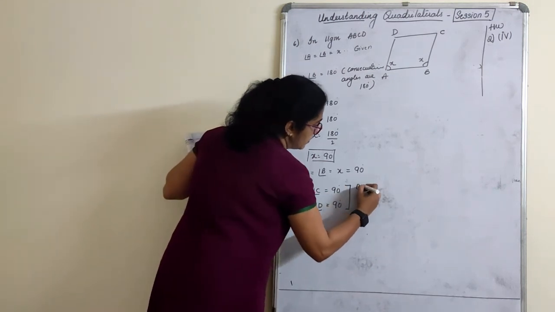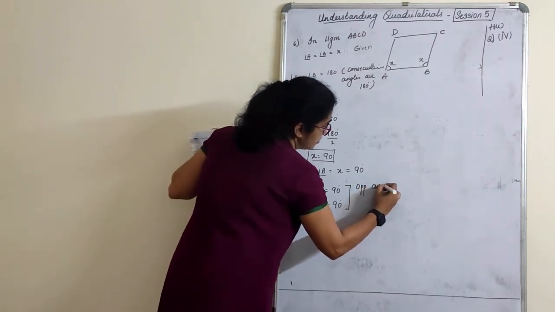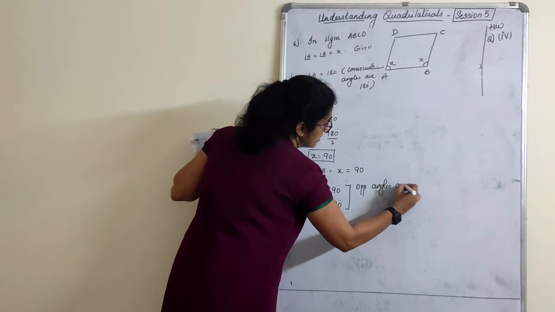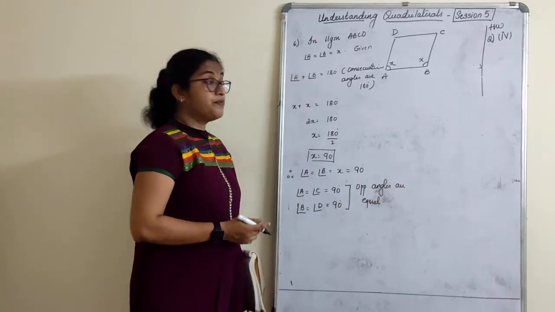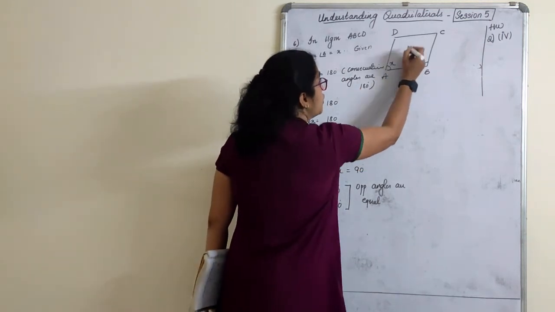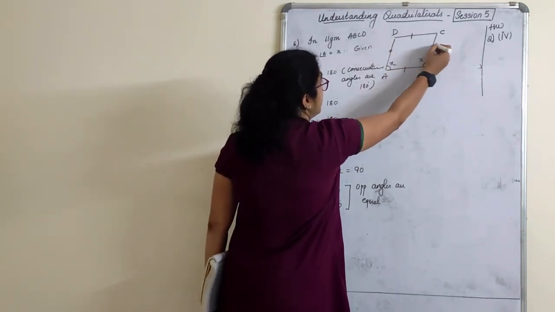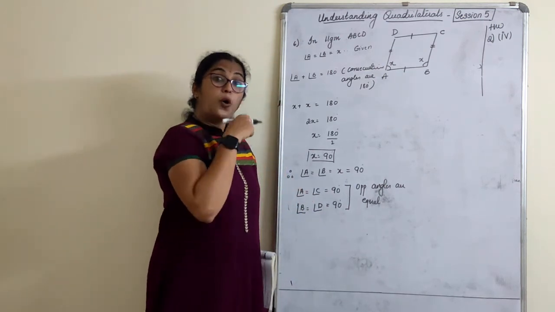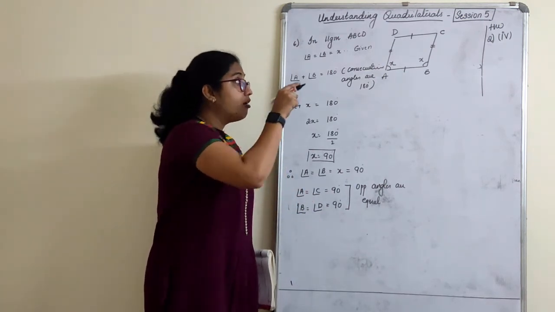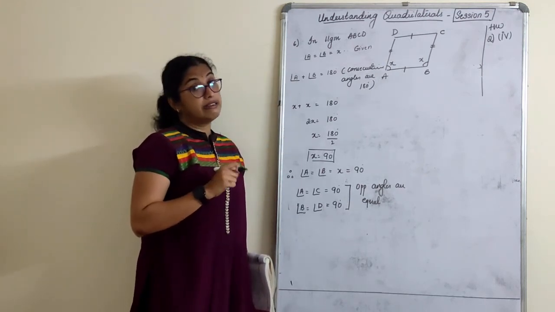Opposite angles are equal. Then what type of parallelogram is this, children? In a parallelogram, opposite sides are equal, we know that, right? But this is a special type of parallelogram in which opposite sides are equal and all the angles are 90 degrees.